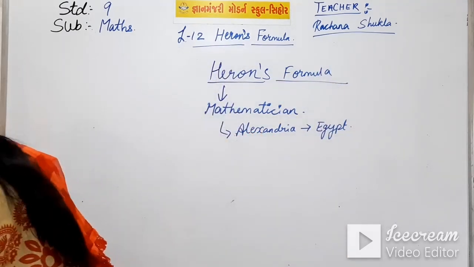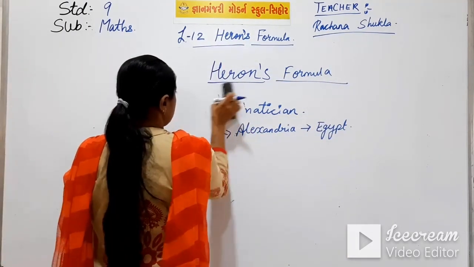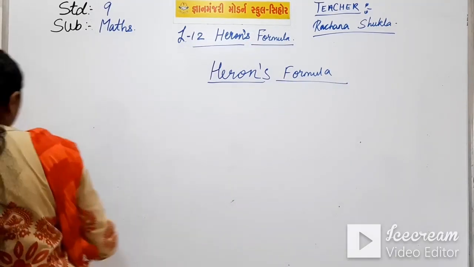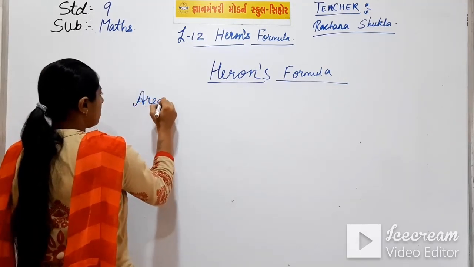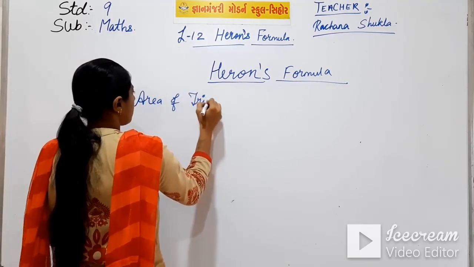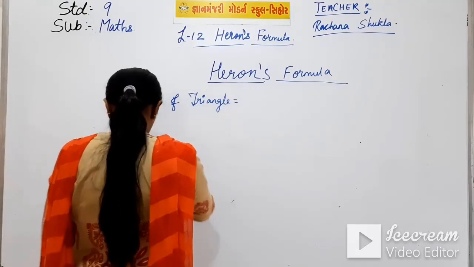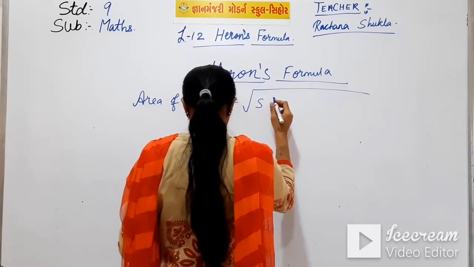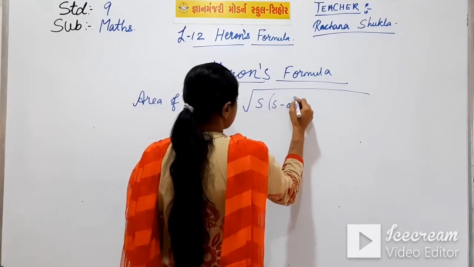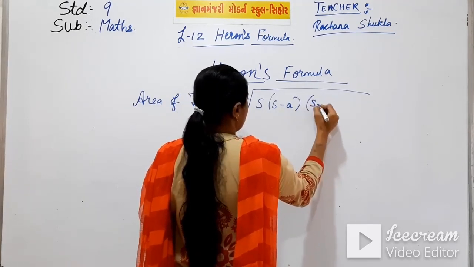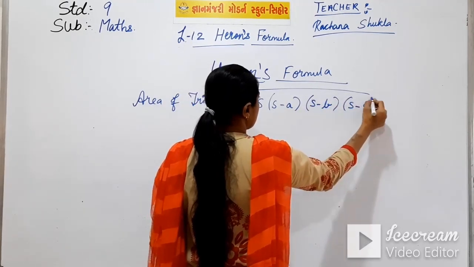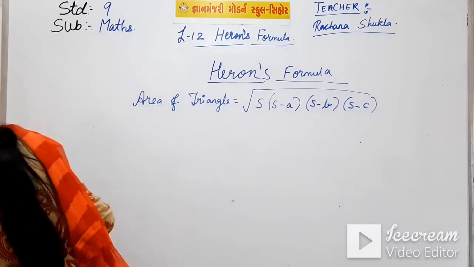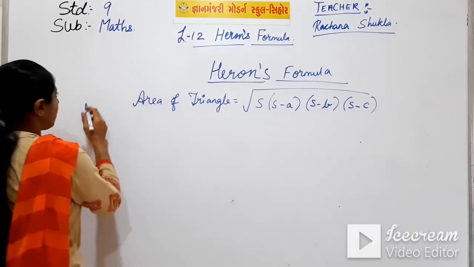So Heron's formula is area of triangle equal to whole root s bracket s minus a multiply s minus b and s minus c. Now what is s? S means semi-perimeter.